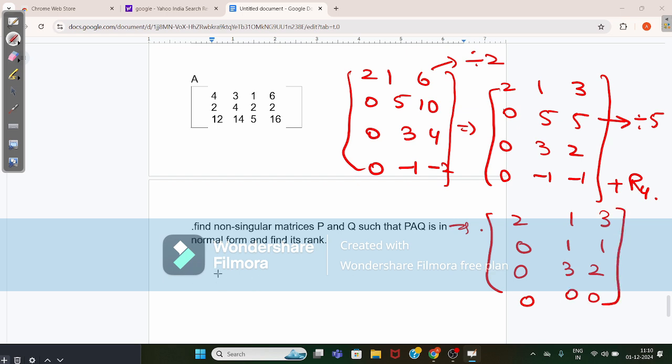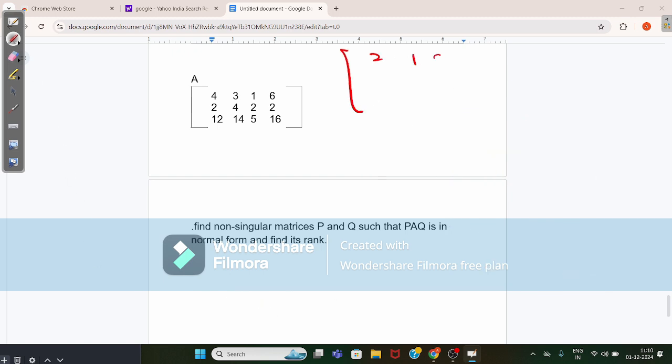Now R3 minus 3 R2 gives 2 1 3, 0 1 1, 0 0 minus 1, 0 0 0.